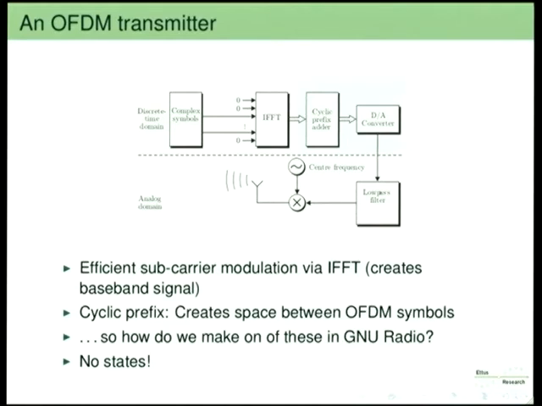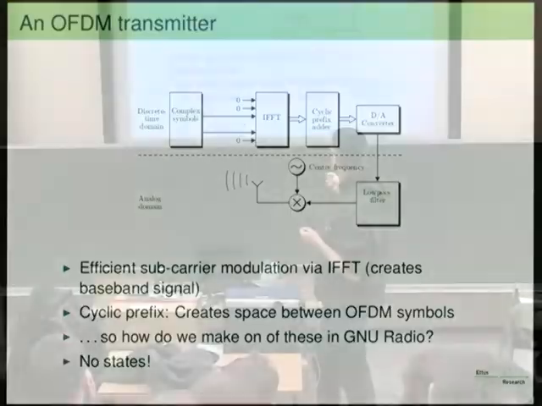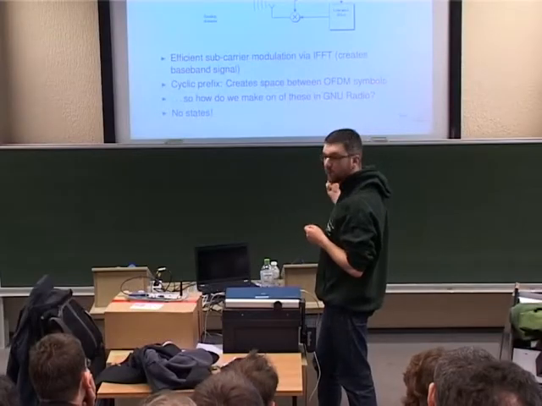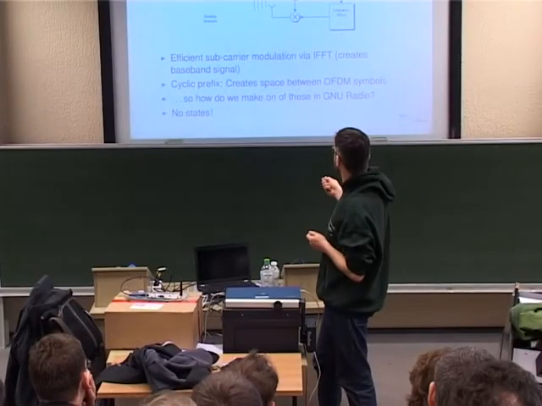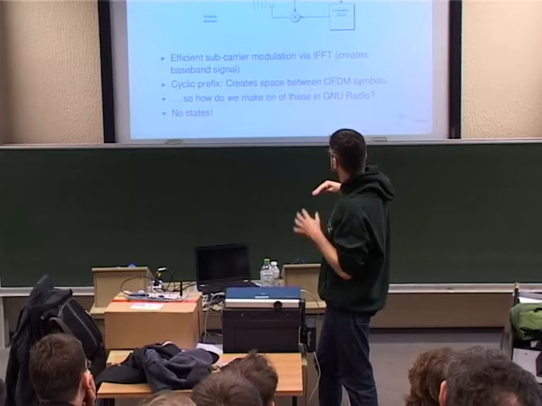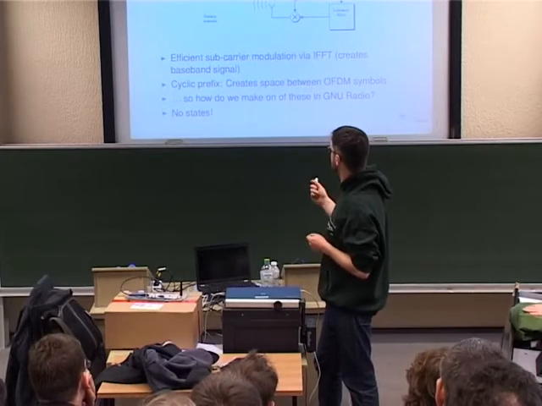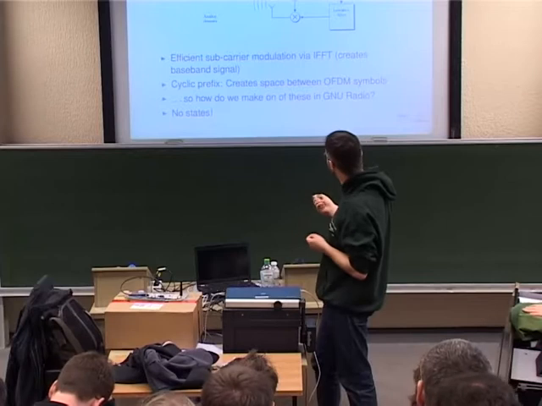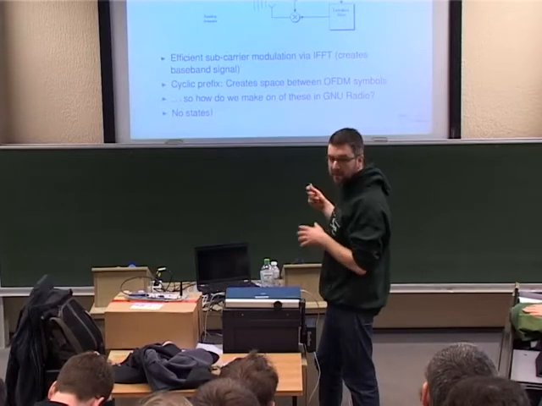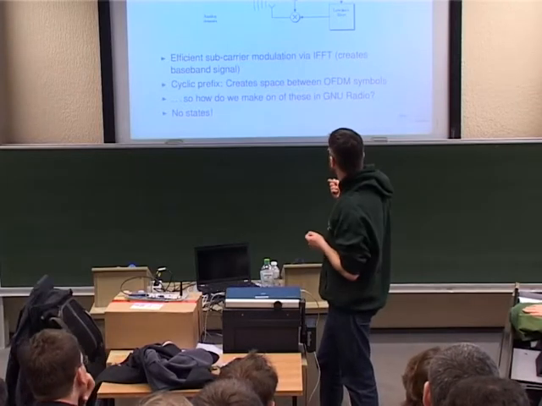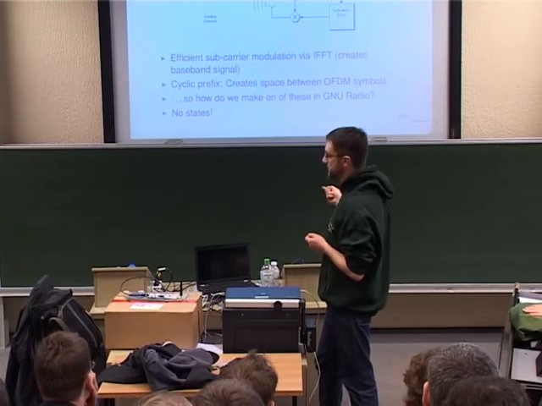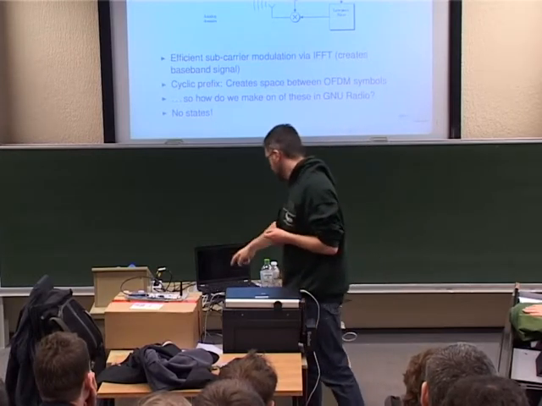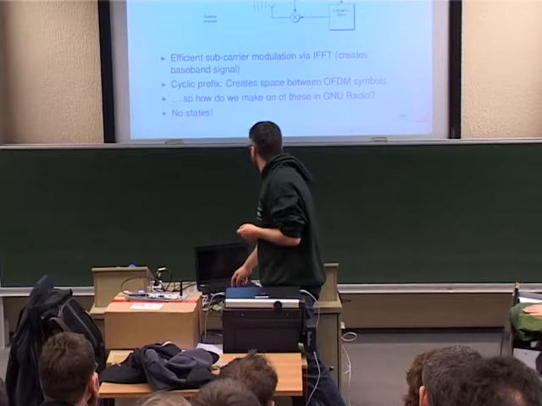We map bits to complex symbols, and we have this IFT operation, which, for reasons I don't want to explain here, does the frequency division multiplexing. Between symbols, we add a guard time, which we call cyclic prefix, and from here on it's just your standard transmitter path. Okay.